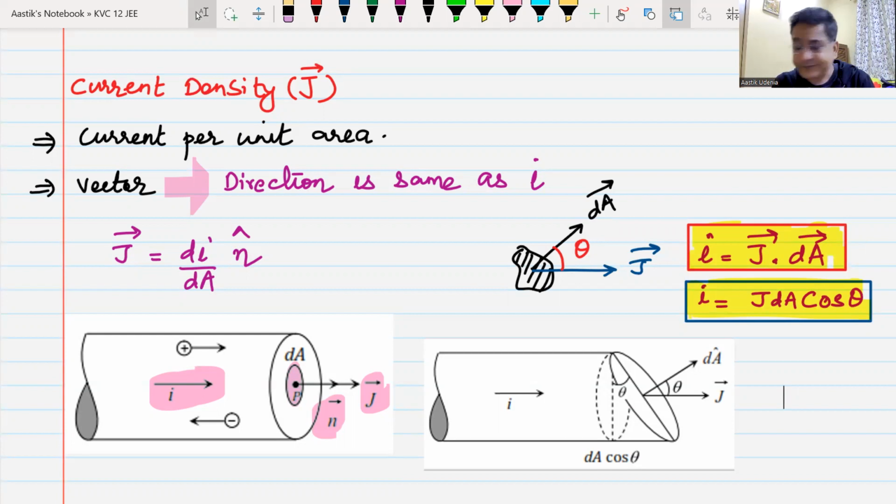Same is the case here. This current represents the total number of charge that is flowing through a particular cross section. And your current density is the number of charge flowing per unit area per unit time. Electric field was number of electric field lines per unit area.